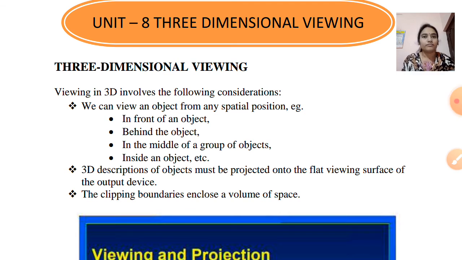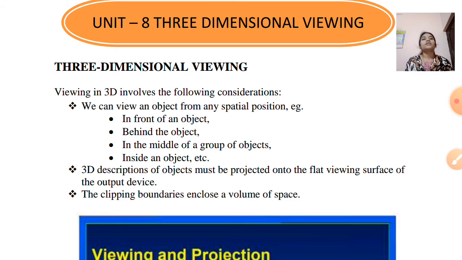Viewing in 3D involves the following considerations. First, we can view an object from any spatial position, that means in front of the object, behind the object, middle of the object or inside the object. That means one object we can see from different points of view.